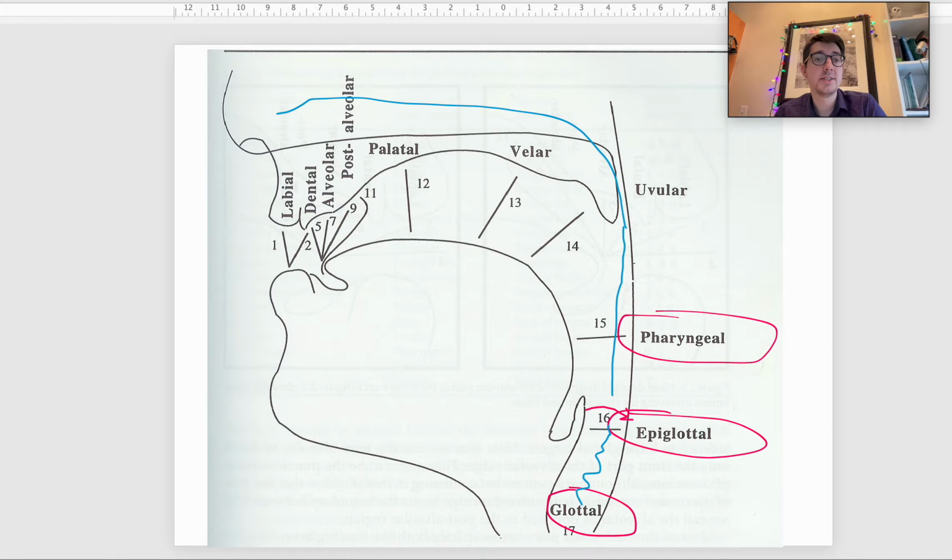So you're basically stopping the airflow, and therefore there can be no airflow in your nose. So for these aerodynamic reasons, you cannot have nasal pharyngeals, nasal epiglottals, nasal glottals.